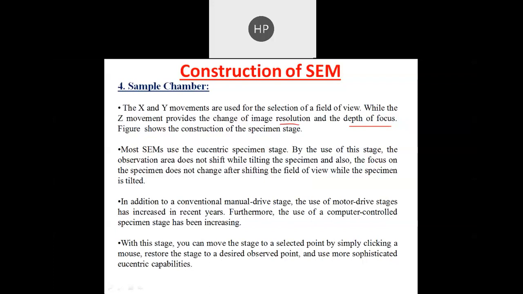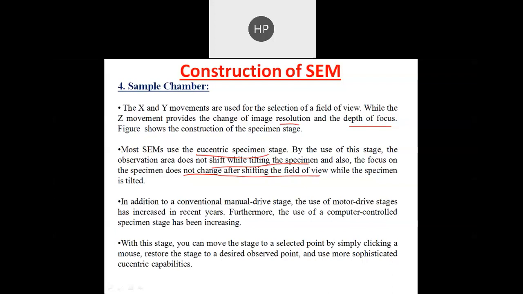So that's why this eucentric specimen stage is used. And why is it used? Because the observation area does not shift while tilting the specimen, and the focus on the specimen does not change after shifting the field of view while the specimen is tilted.